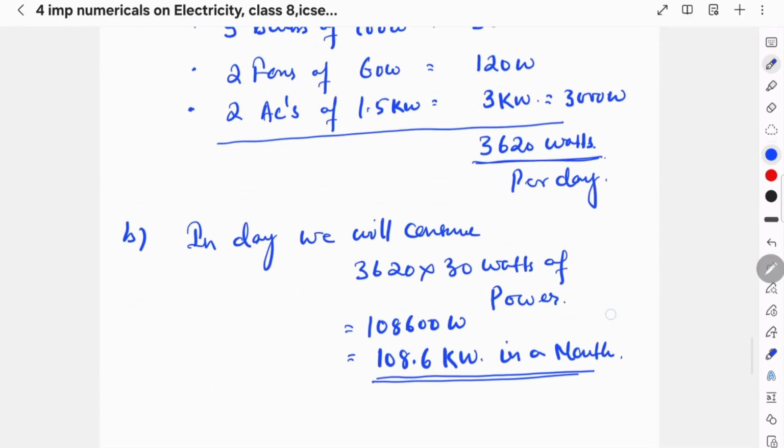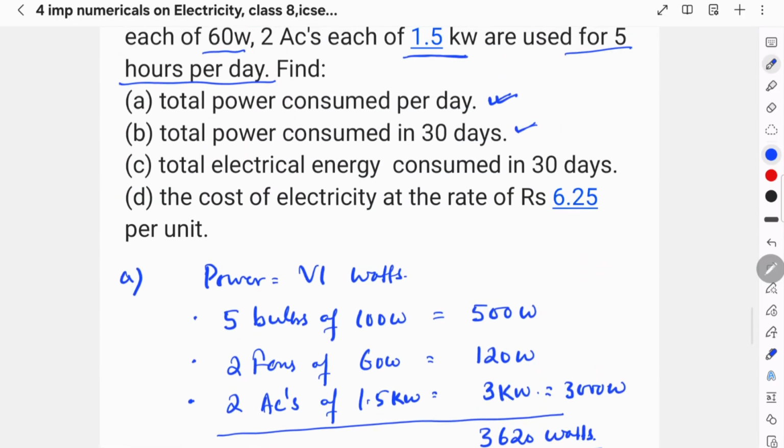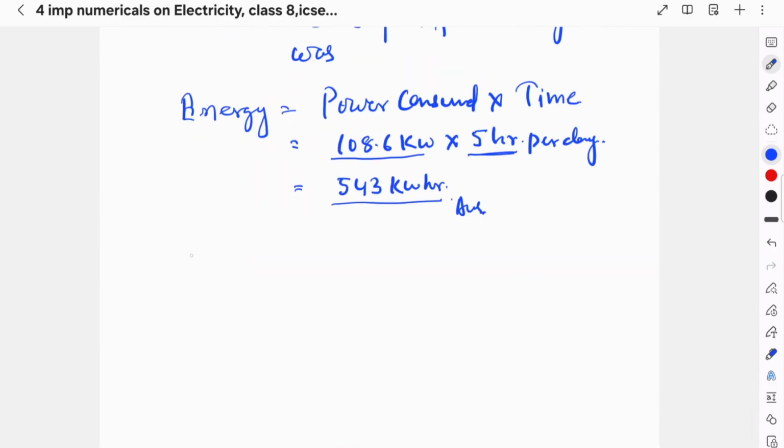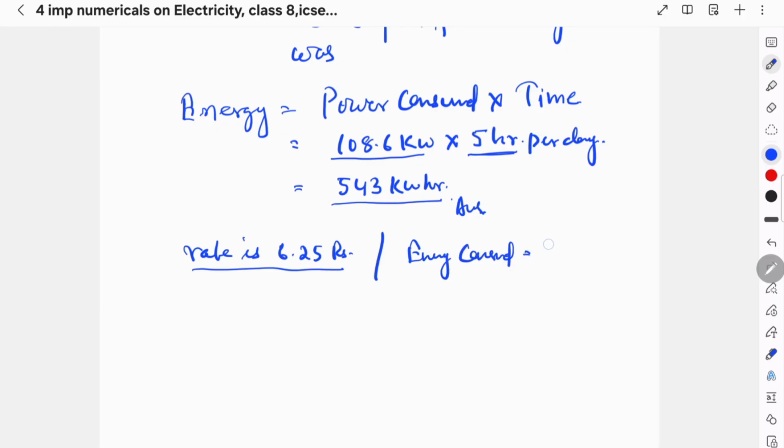Now the last part is they are asking the total cost of electricity at the rate of 6.25 per unit. Okay. So the rate of electricity is 6.25 rupees. Okay. And the energy consumed is 543 kilowatt hour.